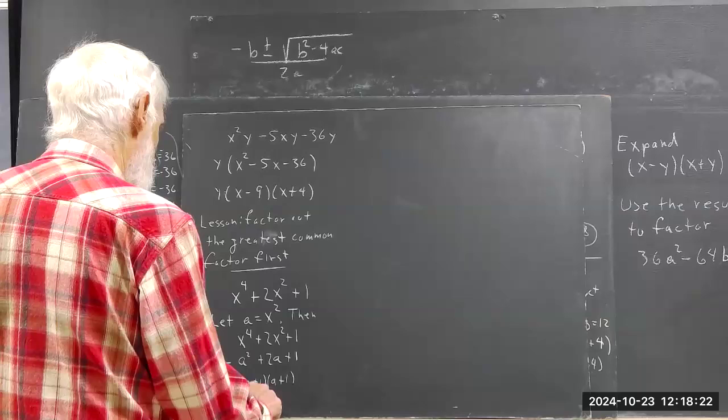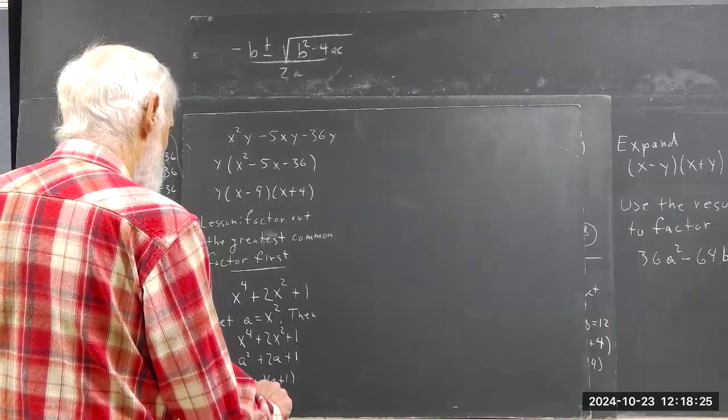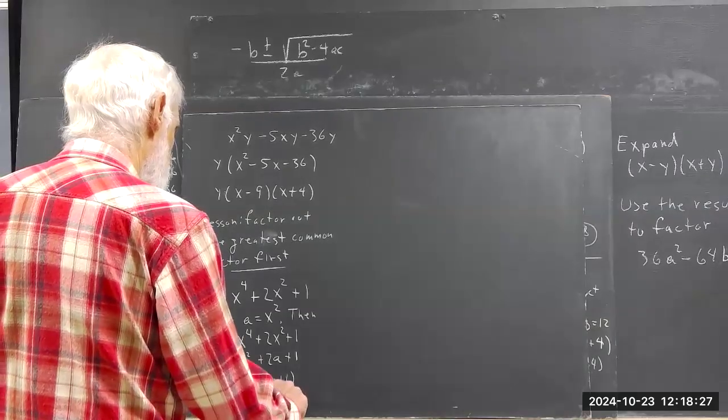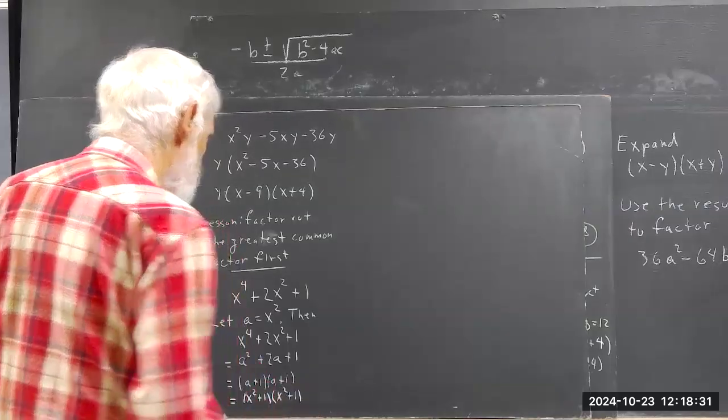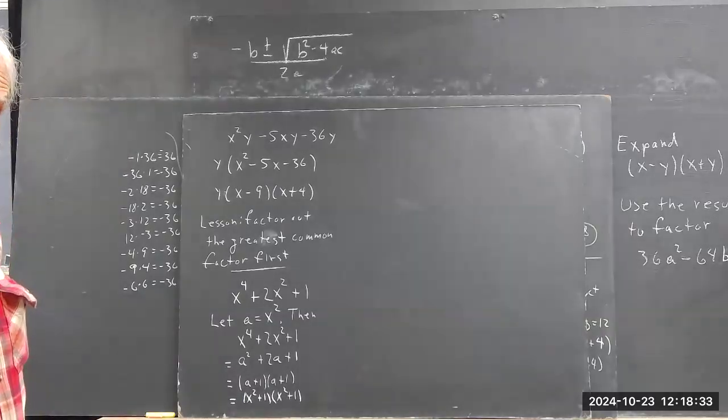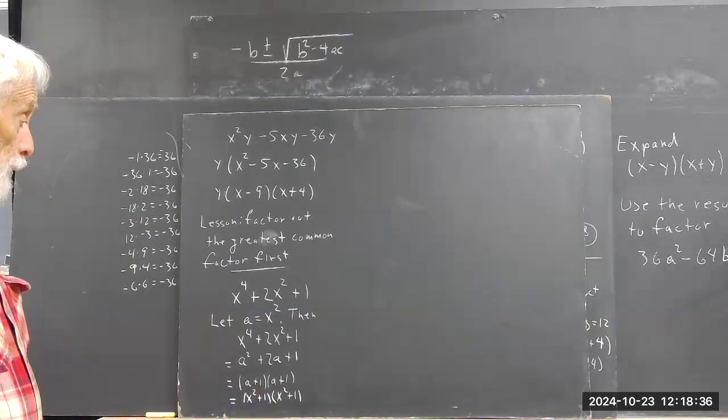And that's just x squared plus 1 multiplied by x squared plus 1. Then you can check that by multiplying it out.